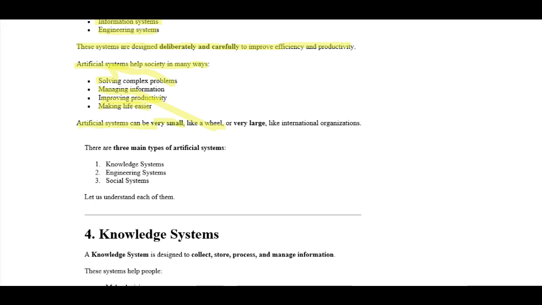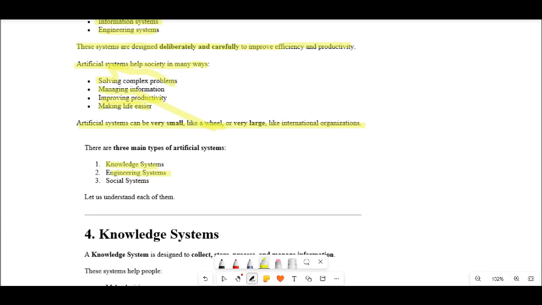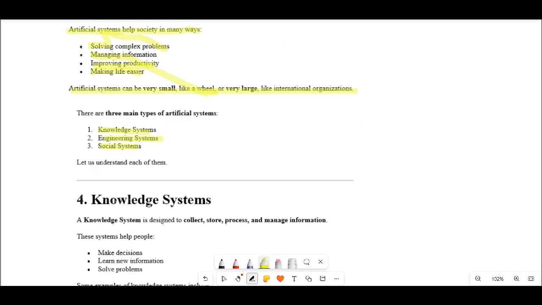Artificial systems can be very small, like a wheel, or very large, like an international organization. There are three main types of artificial system: knowledge system, engineering system and social system.